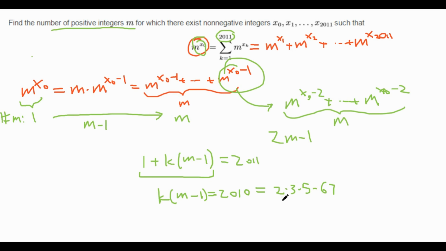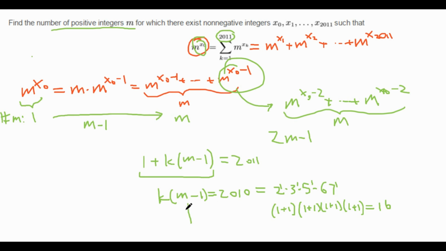In this case, 2010 factorizes as 2 times 3 times 5 times 67, and thus, by taking the power of each of its prime factors and adding 1, then multiplying together, we can find the total number of factors of 2010, which is simply (1 plus 1) times (1 plus 1) times (1 plus 1) times (1 plus 1), equals 2 times 2 times 2 times 2, which is 16. So there are 16 factors of 2010.